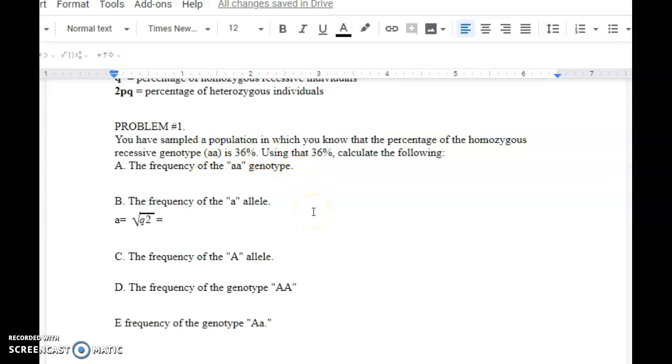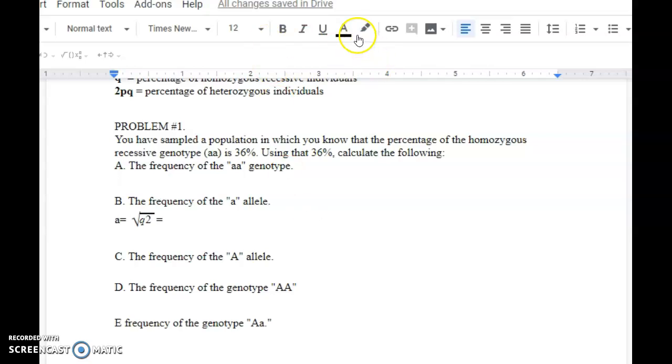Keep in mind, whenever we do Hardy-Weinberg problems, we're always looking at the recessive allele. Why? Because we can count those individuals. The heterozygotes and the homozygous dominant look the same. We cannot tell the difference between them, but we can separate the recessive ones out. So that's what we start with.